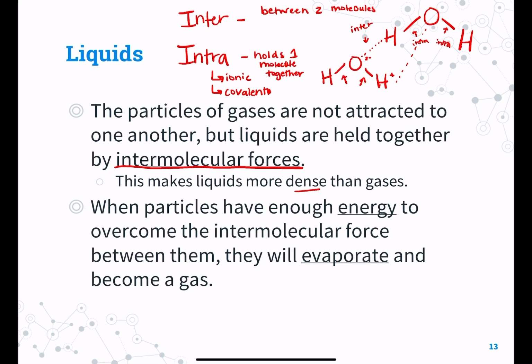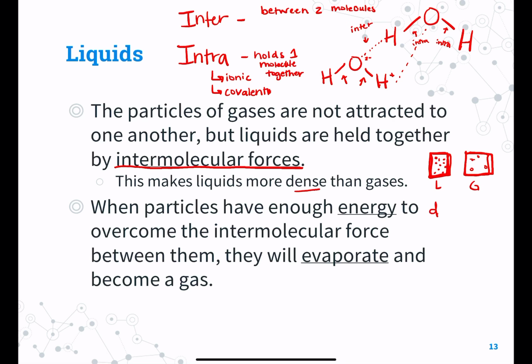When we look at the gases, remember if we had our solid, our liquid, and our gas box that we drew the other day, those gas particles are going to be spread out all over, versus the liquids are going to be a little bit more close together. And because there's more molecules or more atoms, either way you want to look at it, in the same area, that makes this more dense.